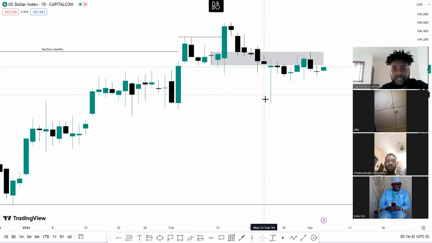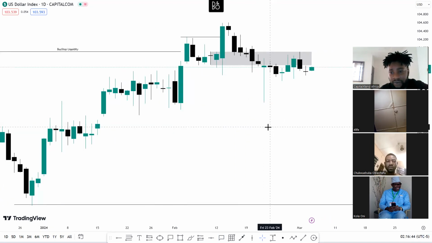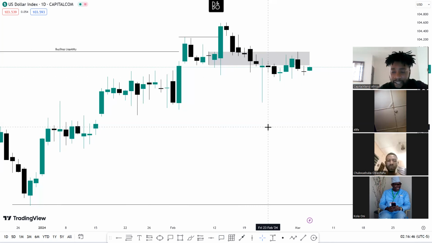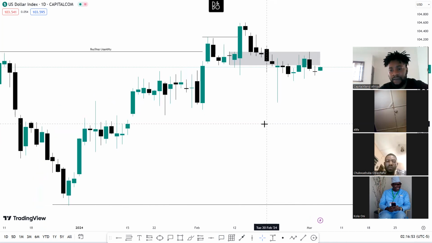So what I'm expecting here is for price to give us another confirmation telling us that yes, the down movement is about to start. But we cannot see that confirmation here on the daily time frame. That is why we need to go down to the 4-hour and the 1-hour time frame to see the information they are giving us.